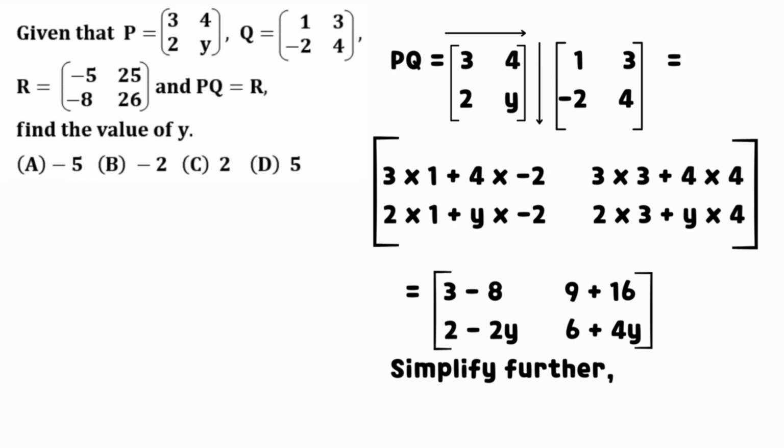Our initial simplification equals 3 minus 8 and 9 added to 16 for the first row. For the second row, we have 2 minus 2 times y and 6 added to 4 times y. Simplify further.